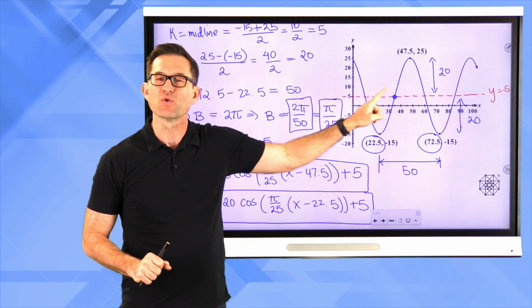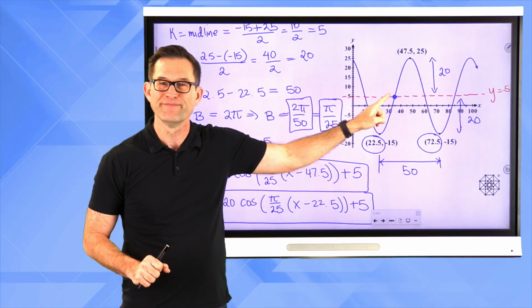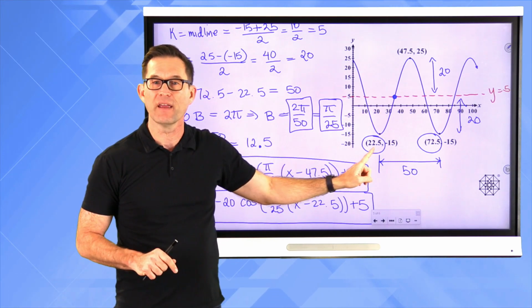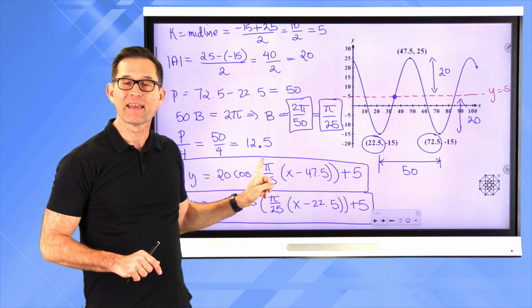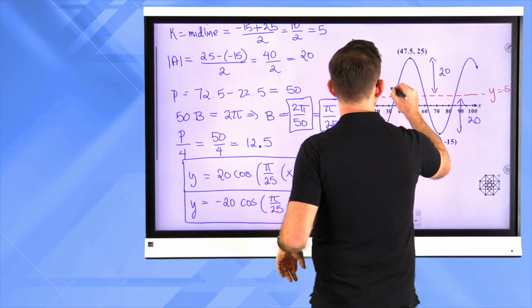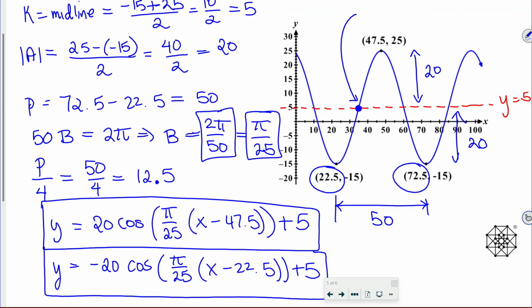The question becomes, what is the x-coordinate there, right? Now we can think about that by taking the x-coordinate here and adding 1/4 of a period. So the x value right here, I don't care about the y value, the y value is 5, is going to be 22.5, this x value, plus 1/4 of a period, 12.5, which is 35.